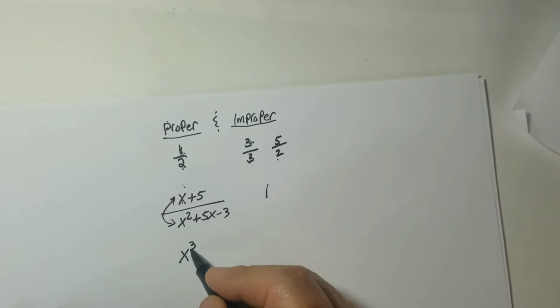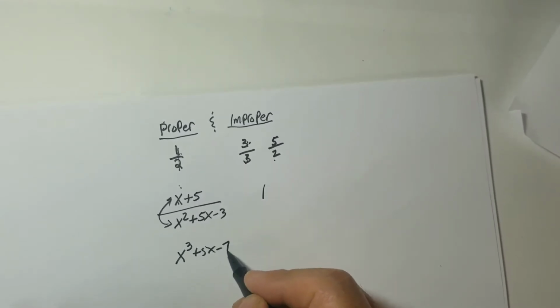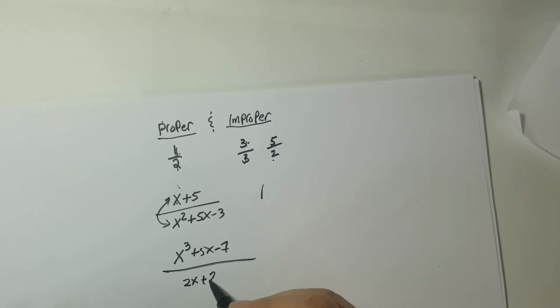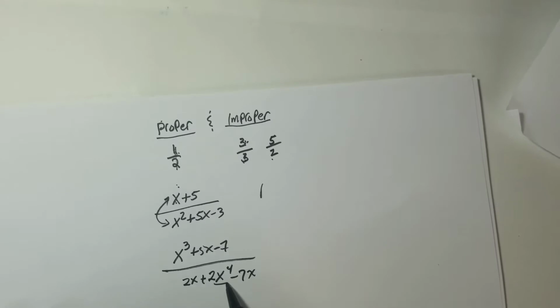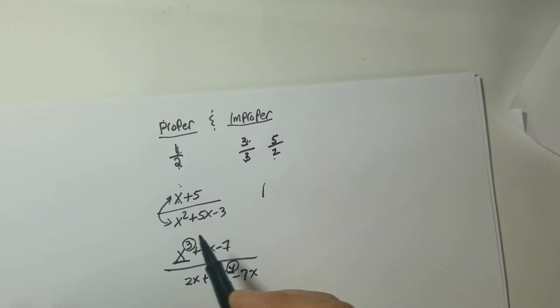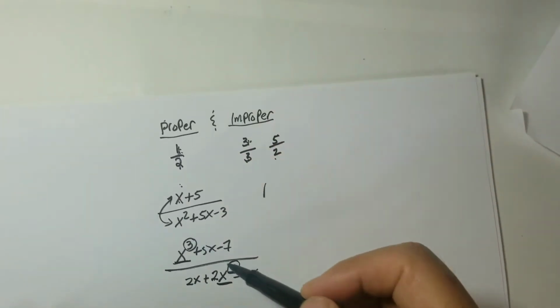I can have x cubed plus 5x squared minus 7 over 2x to the power of 4 minus 7x. The leading variable is here, and what is the power? 4. The leading variable is here, and the power is 3. Therefore, 3 is less than 4.